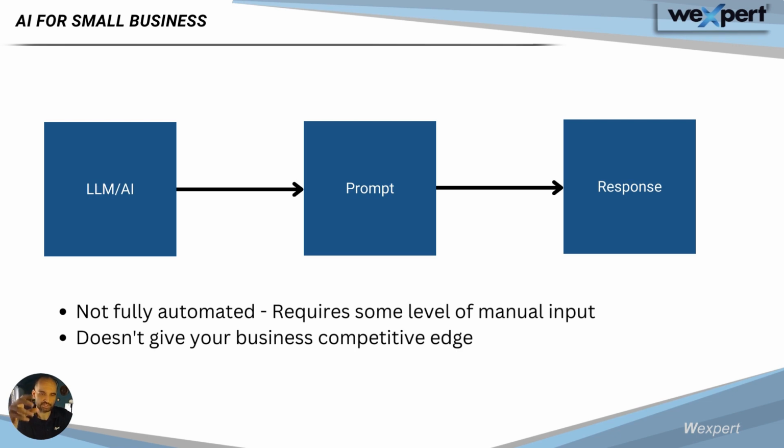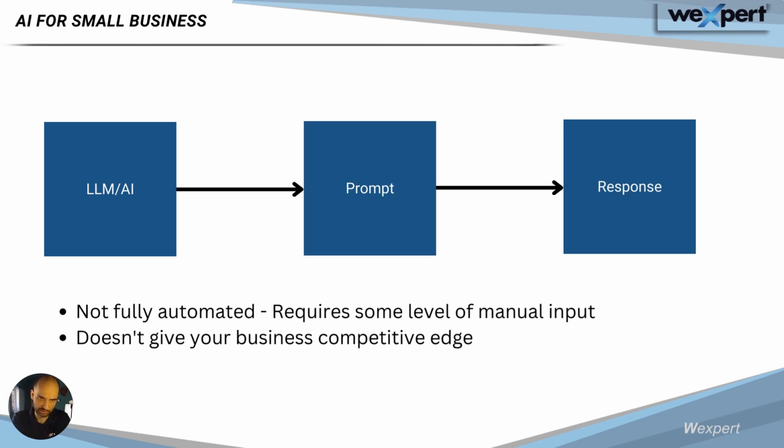You can, to some extent, automate this situation. For example, you can automate the prompt, but it still requires some level of manual input, so it is time consuming. Another point is if something is done by everyone, it doesn't necessarily give your business a competitive edge. So you need to look beyond something that is done by all other businesses.